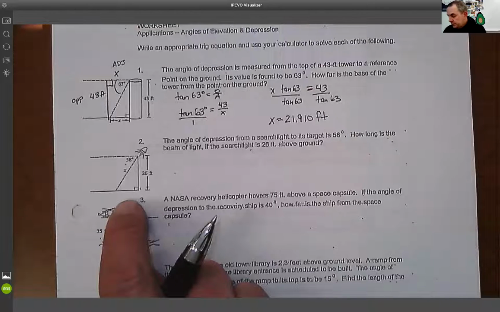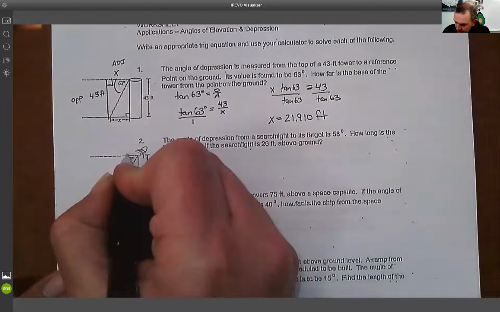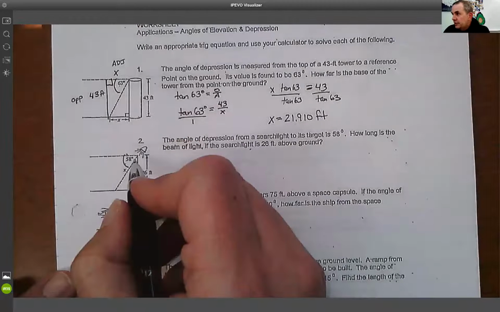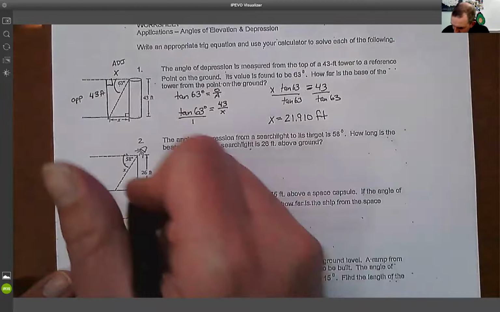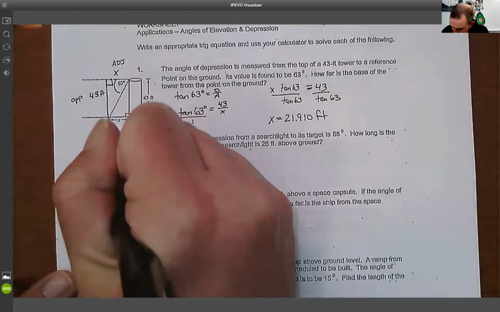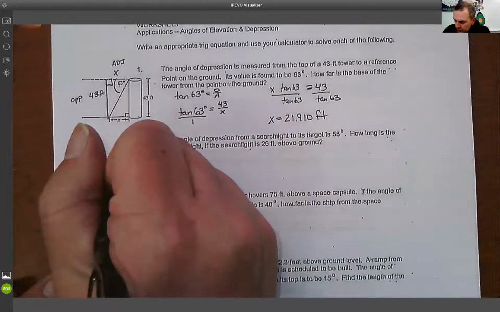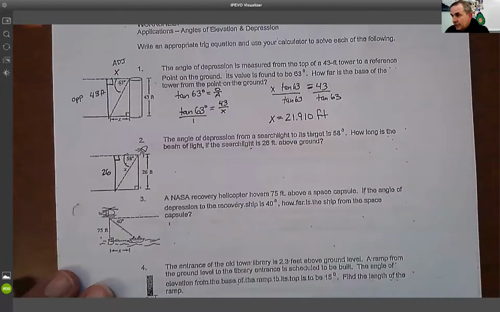I'll do number 2. Number 2 says the angle of depression from a searchlight, the one up in the top left, is 58 degrees. How long is the beam of light if the searchlight is 26 feet above the ground? Again, let's make ourselves that triangle. There's my right triangle upside down. I'm going to put 26 over here because if it's 26 tall here, it's 26 tall here, our rectangle.